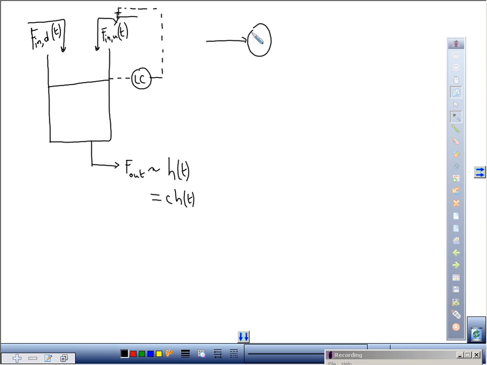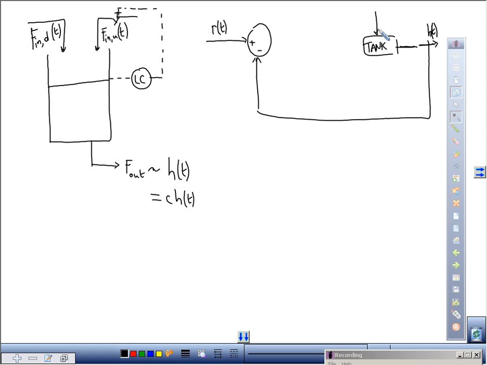This leads to the well-known block scheme, where I have a reference for my level here. I measure the level, and I will assume that my sensor is ideal for a second and not included in the loop. This level can be found based on my two inputs.